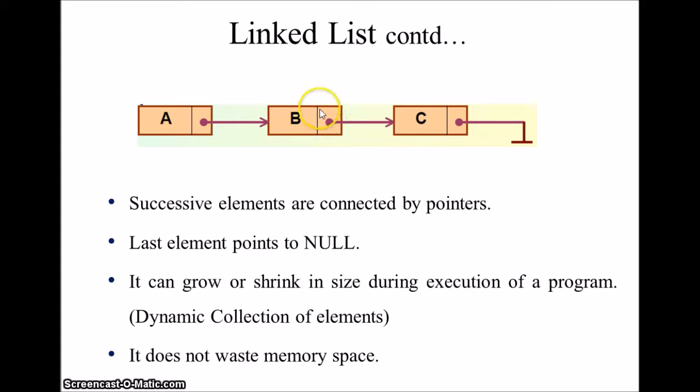Similarly, the second node B has the address of the node C, the third node in the list. As this is the last node, it indicates null. The last element points to null.